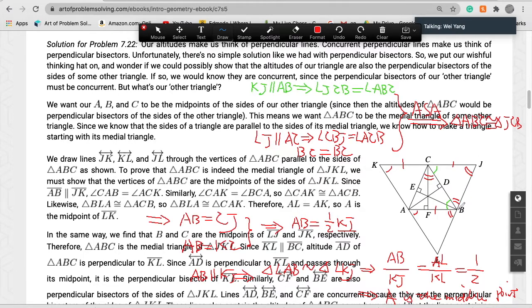You can also get B, because AB over KJ equals 1/2. This also equals AB over, this now, LB over LJ. So that means B is also the middle point of LJ, right? By this way, we proved A, B, C, these three points are exactly the middle points of KL, LJ, and KJ, right? So we proved this.